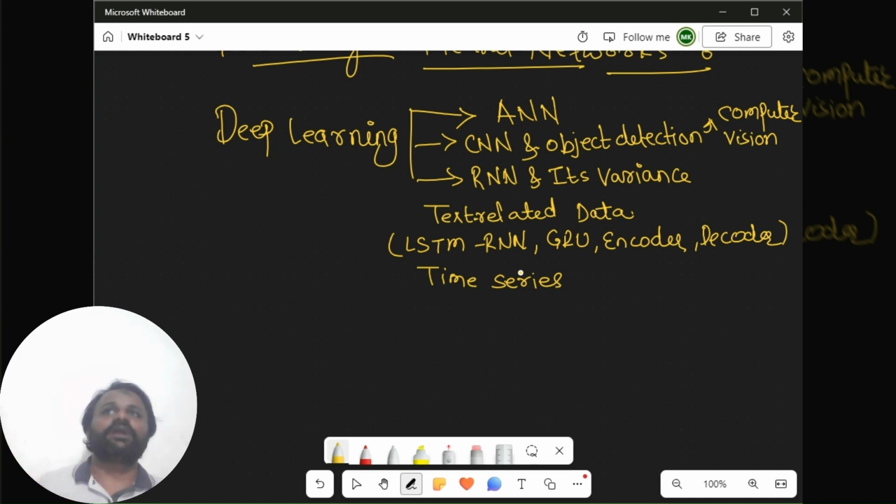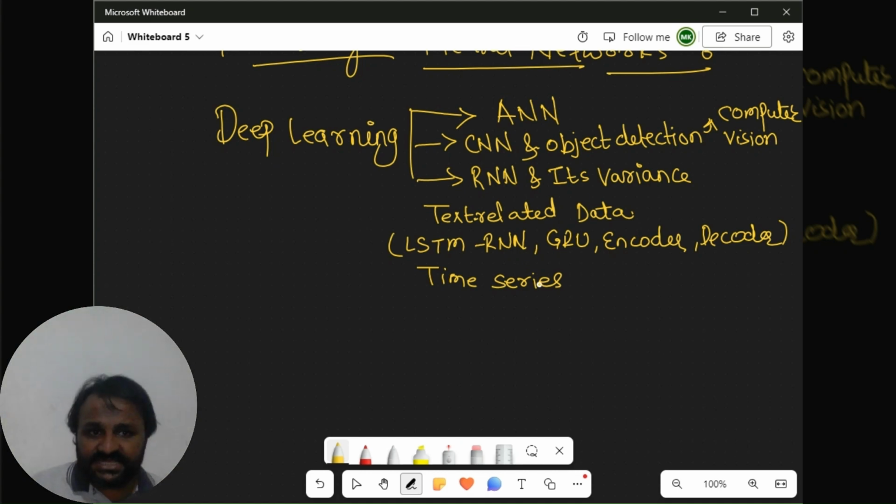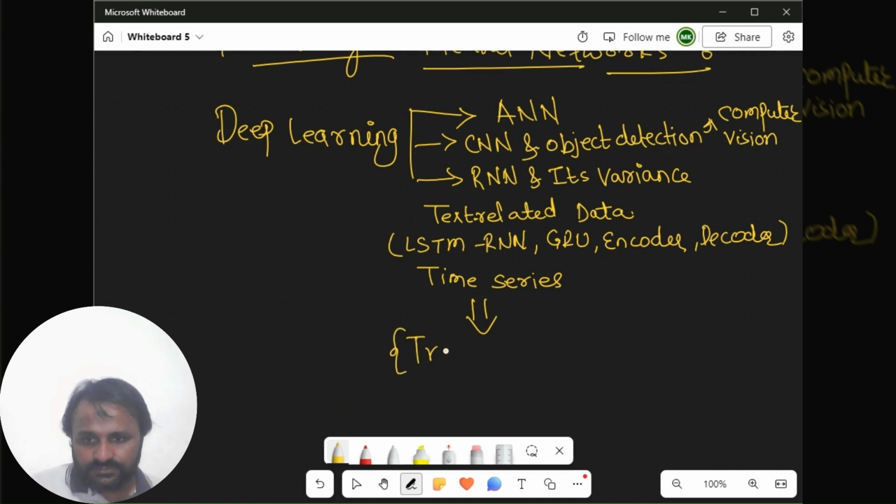Today I'm not going to involve natural language processing much here, but if you are planning to move ahead with generative AI, your deep learning should be very strong. If that is not strong, it's very difficult to move ahead with generative AI. Because after this, the very important part is the transformer and BERT. This is a very amazing and very important part.